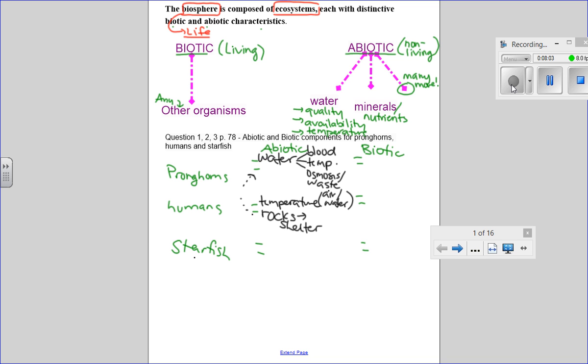So the pronghorn needs water so that it can get rid of waste. Probably everyone knows that most organisms need to drink water, which is true, as long as you tell me why they're drinking the water and why it would be important. By giving an effect of water, then you've explained it. Does anyone else want to share another abiotic thing that we could add to the list?